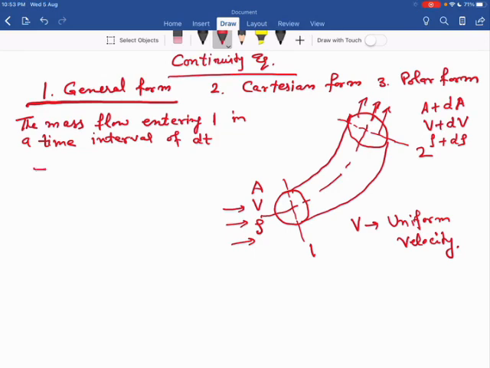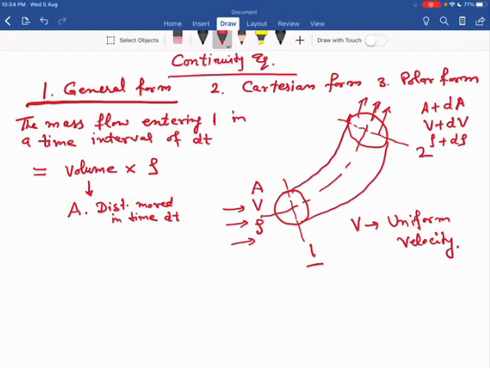Mass, as you know, I write as volume multiplied by density. Volume is the volume of fluid entering through section 1, which I write as the cross sectional area at section 1 multiplied by the distance the fluid moved in time dt.